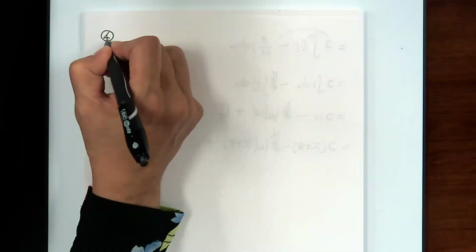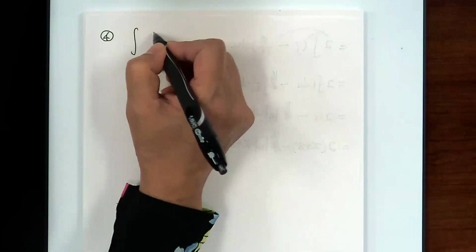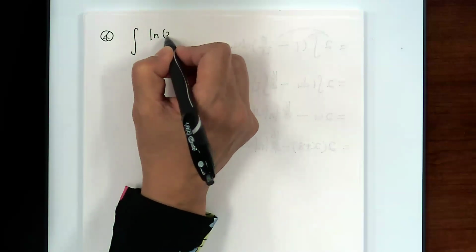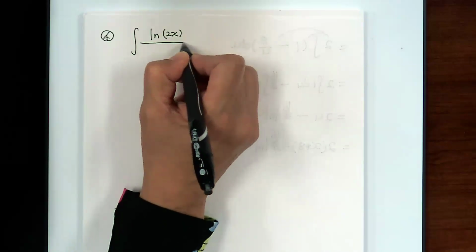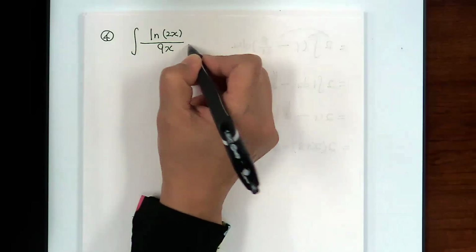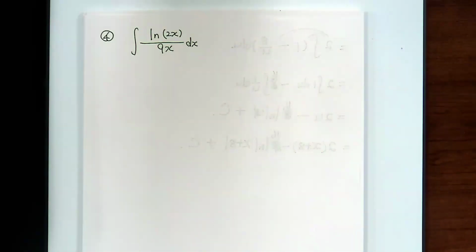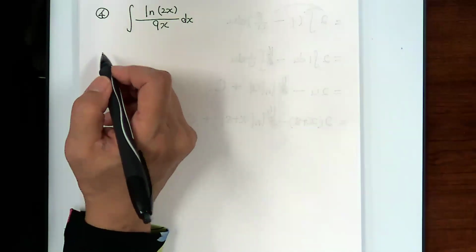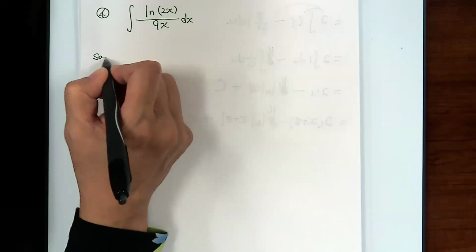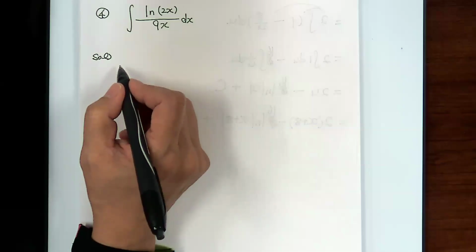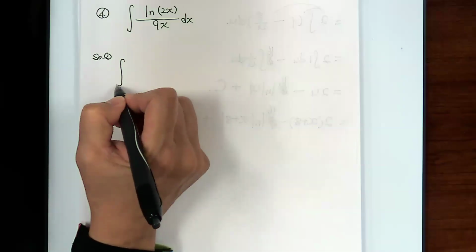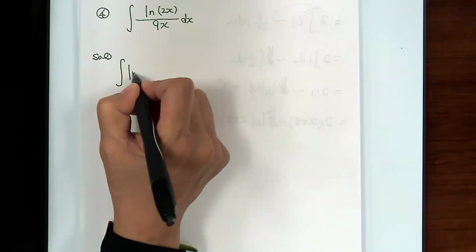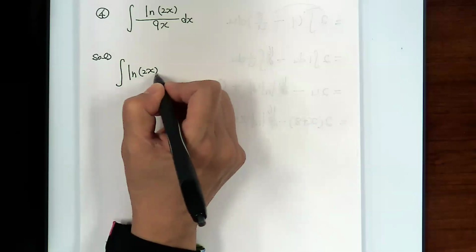The next problem is the integral of natural log of 2x over 9x dx. Again, we want to regard this as a product function, and we see what happens when we separate the numerator and denominator.